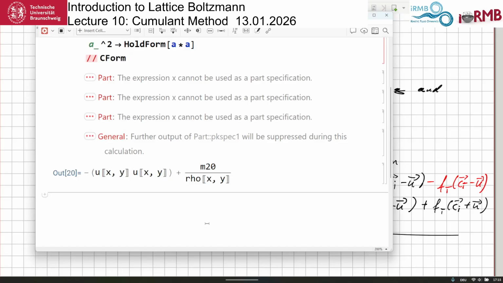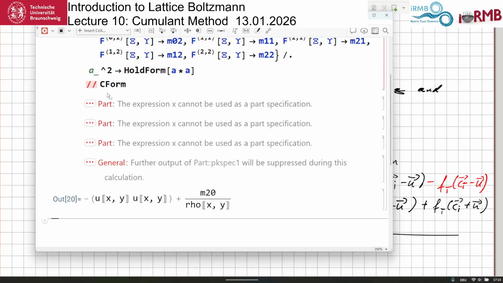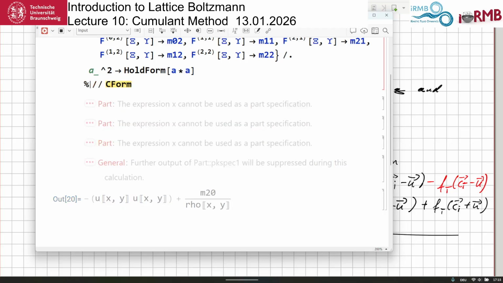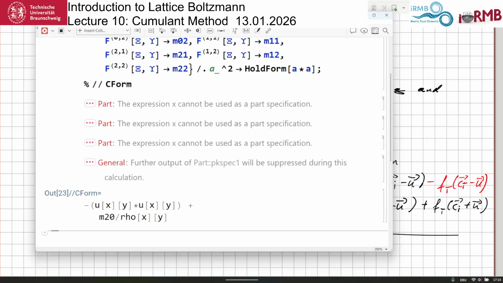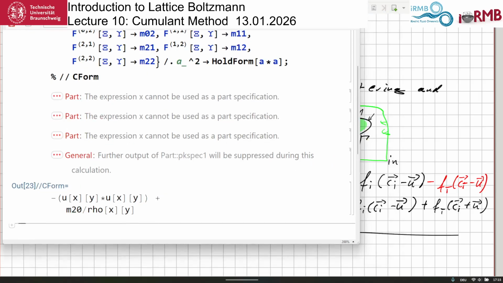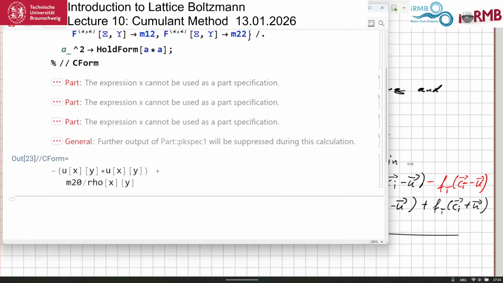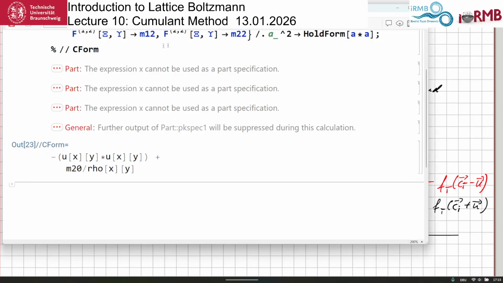Now if we do this, it does not come out. The reason why it did not come out is because I was not indicating this. And in order not to be confused, I put a semicolon here so that they don't get output. So now if I do this, I get exactly the transformation from the moments.